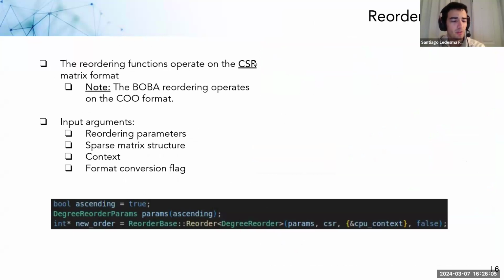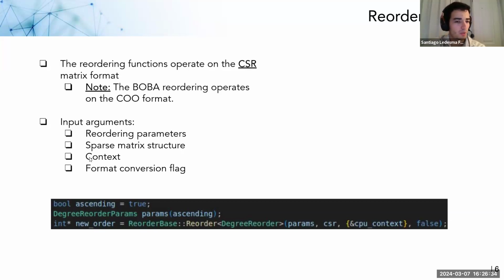Okay, so what is the input of our ordering algorithms? It is very important to know that most of them operate on the CSR matrix structure, except Boba that operates on the COO. And the input arguments for every ordering algorithm are 4. The first is the reordering parameters, which are specific to each algorithm. Then we have the sparse matrix structure, the CSR structure or the COO structure.